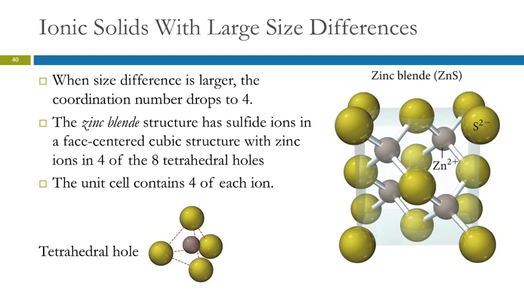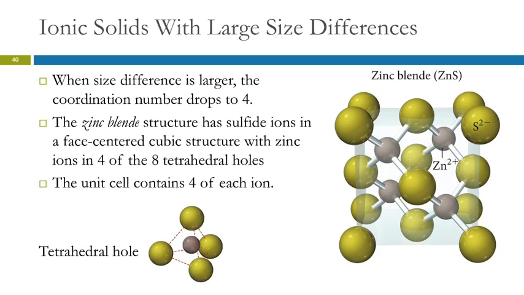1-to-1, right? So you have to have 1-to-1 cation to anion, so that means they must have equal charges. The other thing here is we have a large size difference. So one of them is very small and the other is quite large. The large one occupies the face-centered cubic unit cell, and the little one fits in the little holes in between.